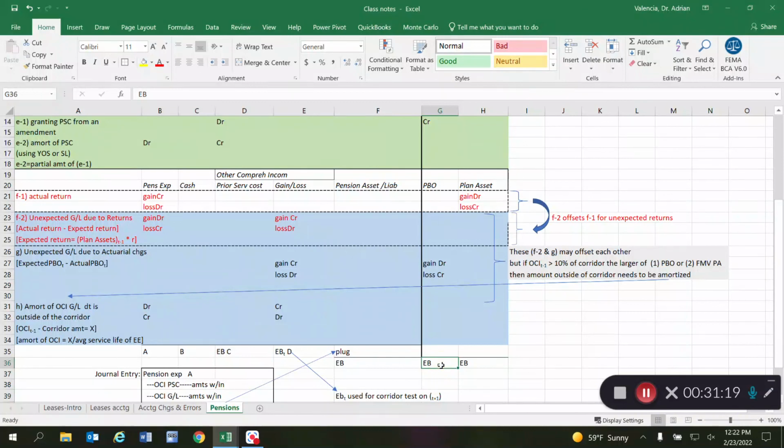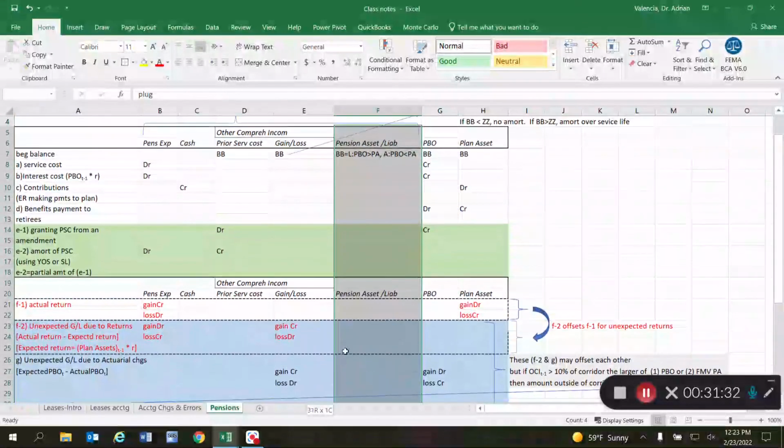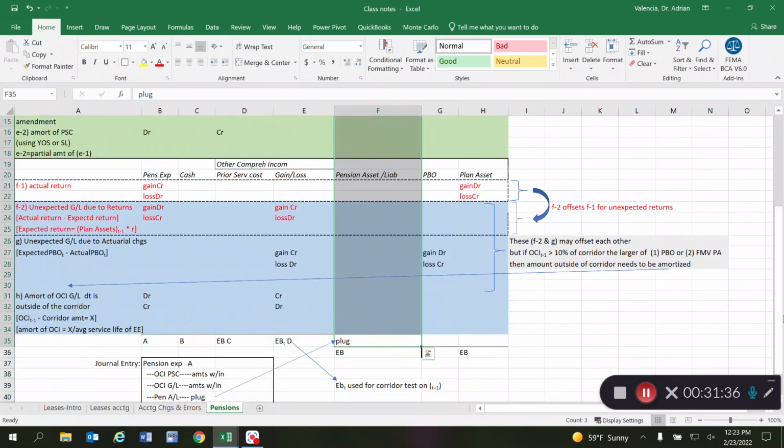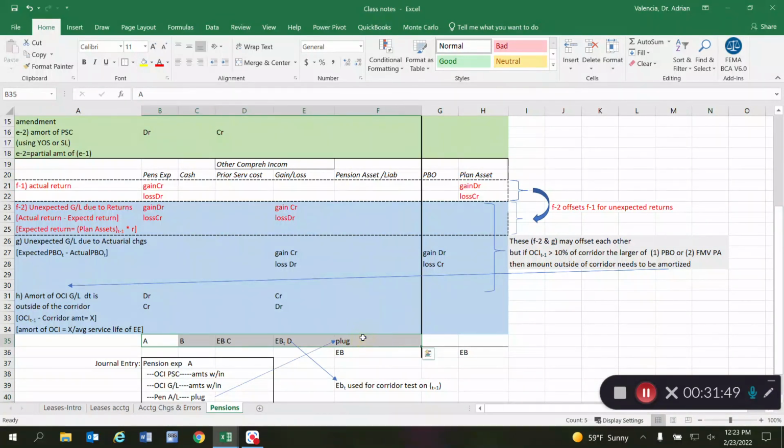PBO, what you owe, is 100, and what it's worth is 110. So you would end up with an ending balance as a pension asset of 10. Well, when you do this plug amount, that, in consideration with the beginning balance, should net out to this $10 that you need right here. So that's a way to check whether you did your work correctly. This will align with whatever this comes out to be.